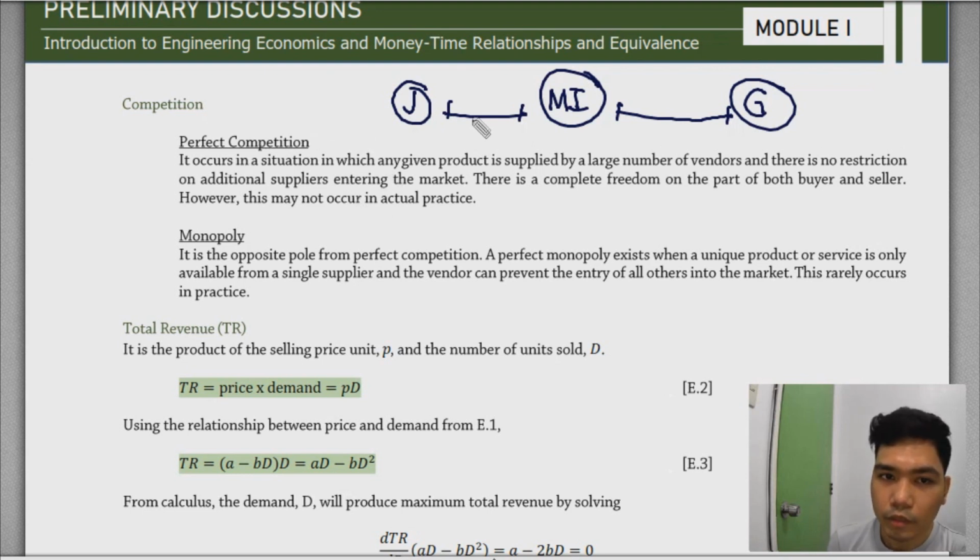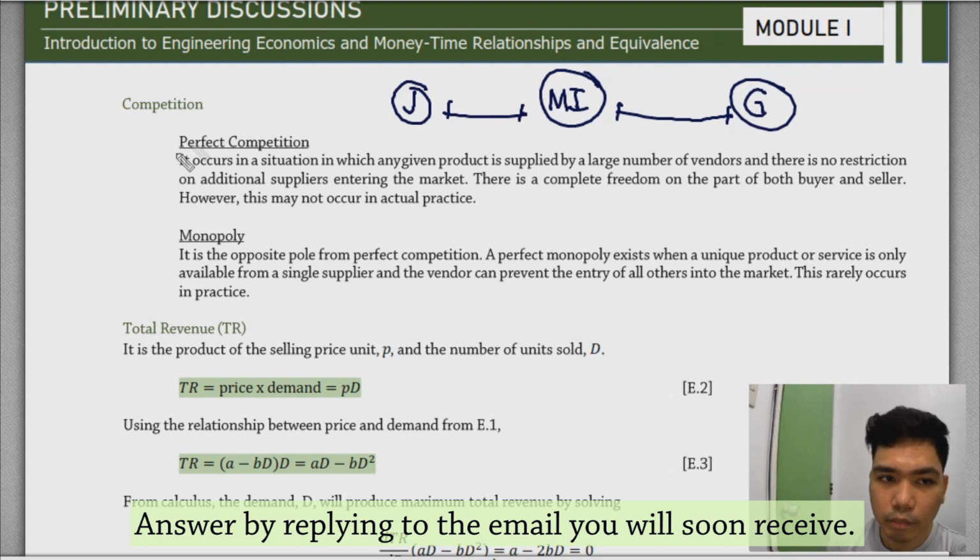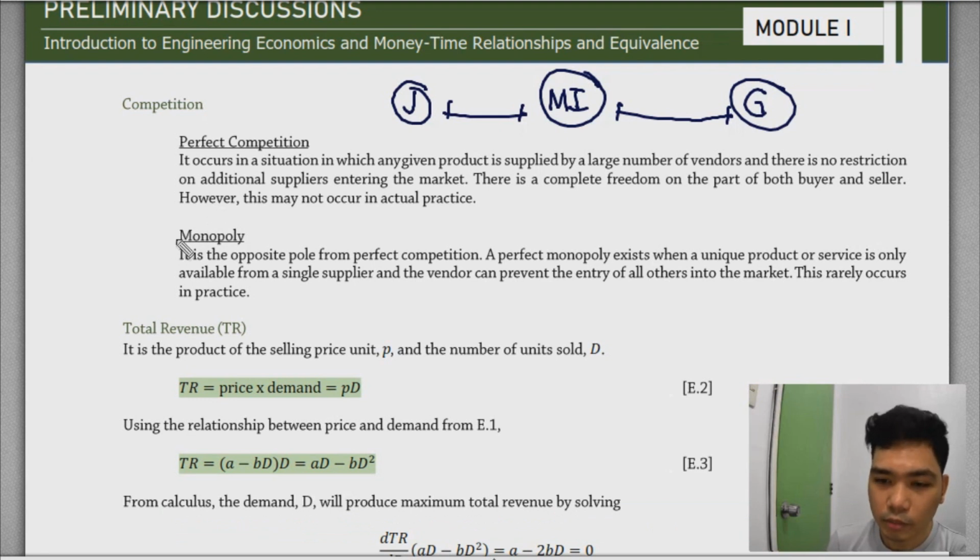So you need to answer if it's a perfect competition and explain your stand. But if you answer monopoly, then you must also state your reason why it is called a monopoly. Again, I want to repeat this: you'll be receiving a question at your email that will be something like your first activity in this subject.